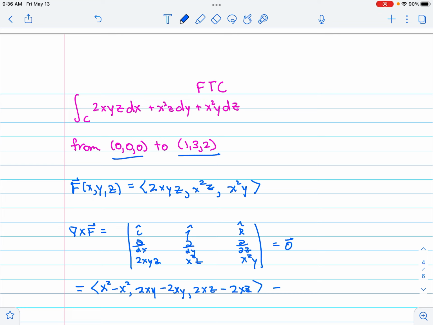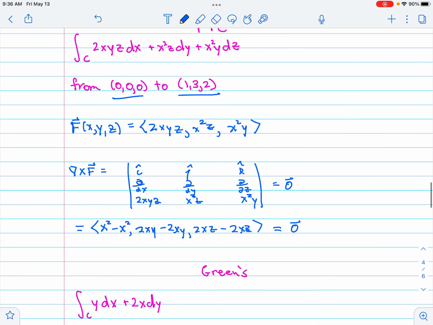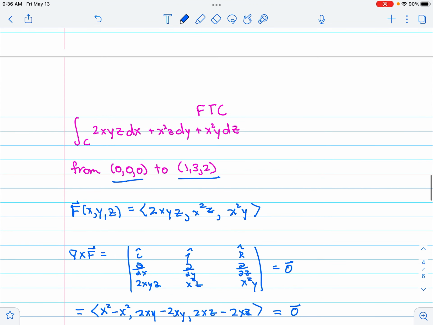So this does indeed equal the 0 vector. So that tells us that I need to find the potential function, and then I can just plug in. Okay, so let's see if I can find the potential function. Let me just integrate.